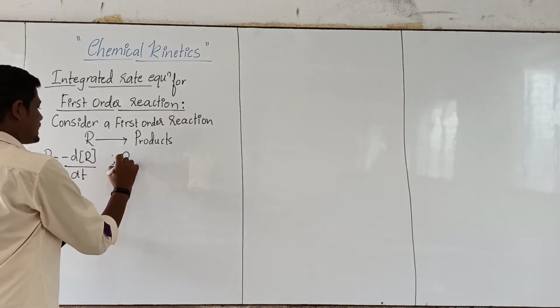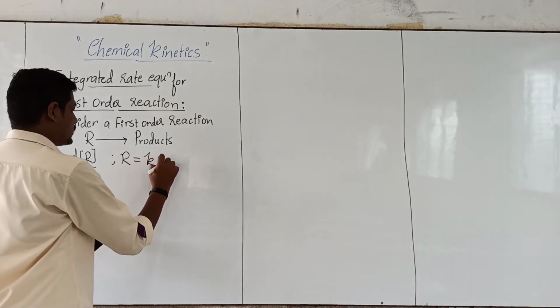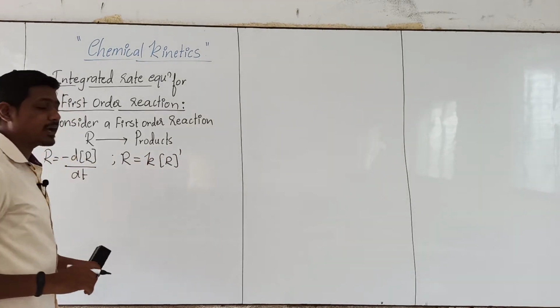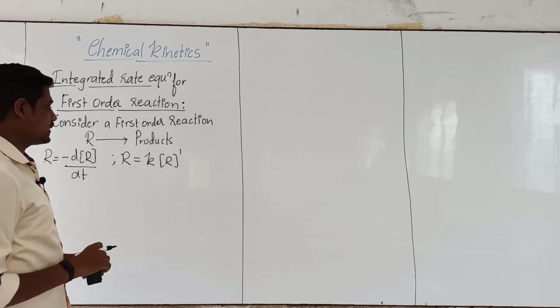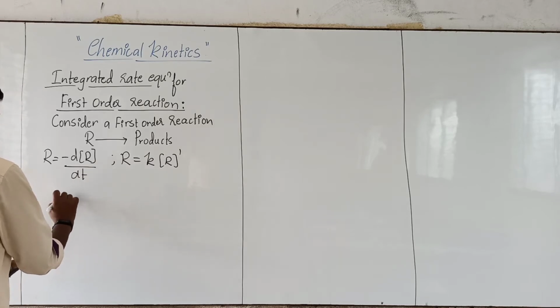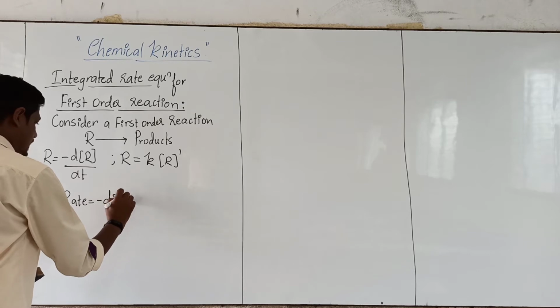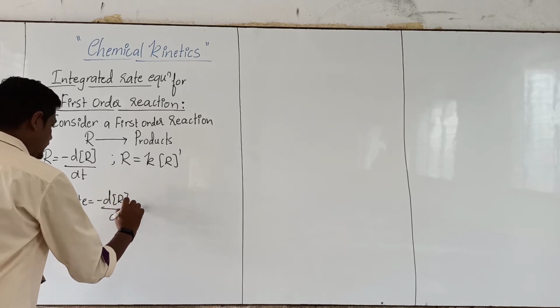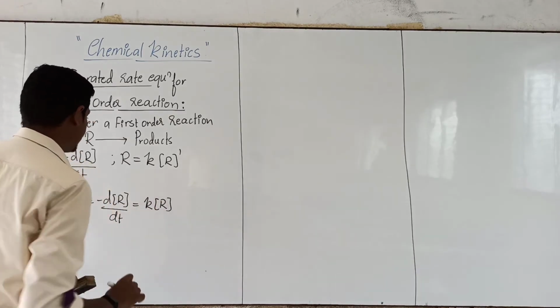Another one is rate is equal to k into R to the power 1. Why power 1 am I writing? Because it is a first ordered reaction. So equating these two equations, rate is equal to minus dR upon dt is equal to k into R.